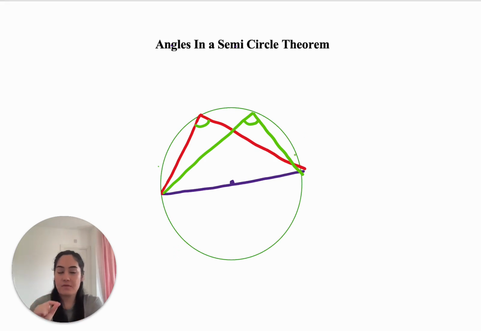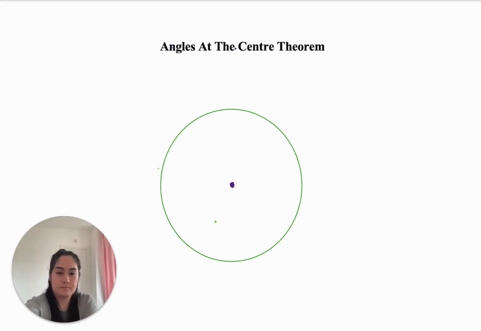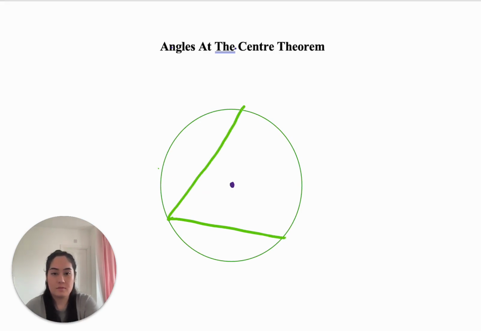However, if the line that's splitting the circle into two happens to be the diameter, and it generates a semicircle, the angles in that semicircle will always equal 90 degrees. Always and always.